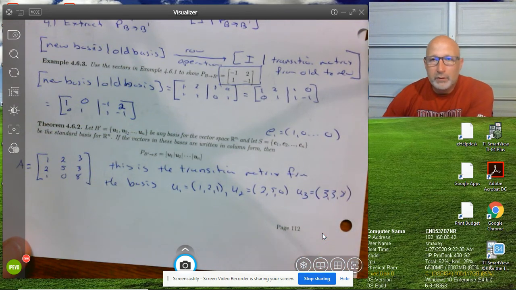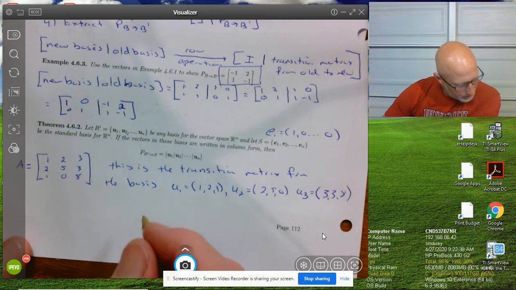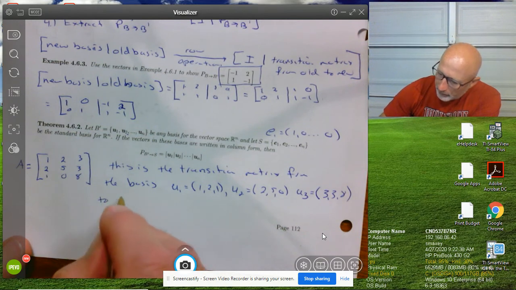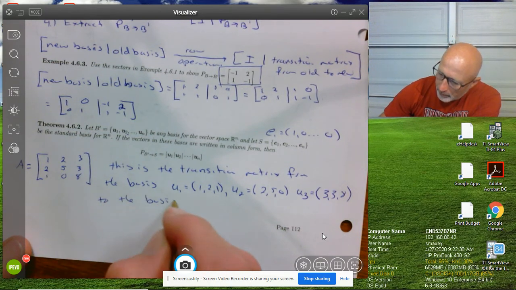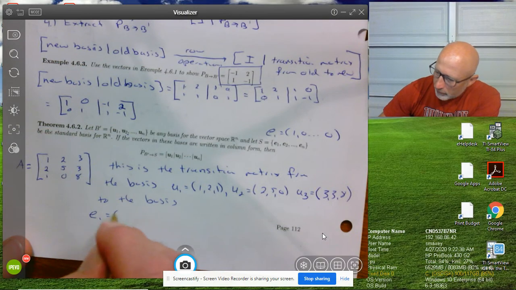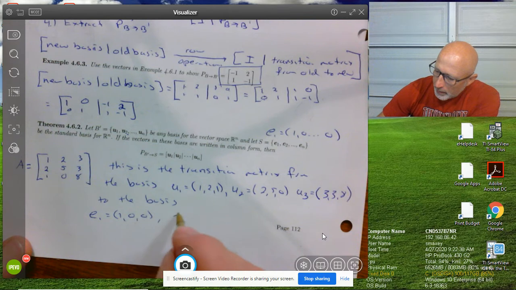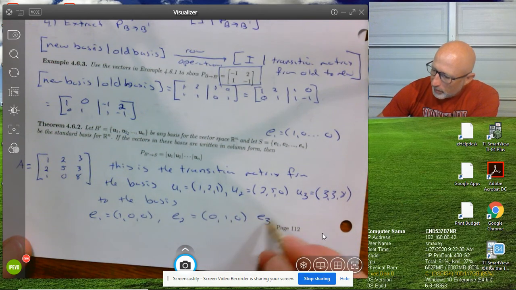And what it's going to do is map it to the basis E1, which is 1, 0, 0, because I'm working in 3 space here. E2, which is the vector 0, 1, 0. And E3, which is the vector 0, 0, 1.